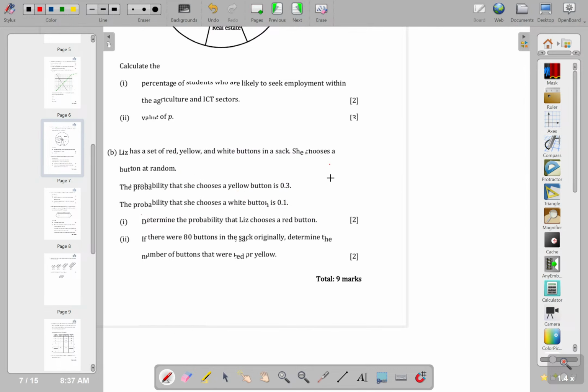So the probability she gets a red, plus the probability she gets a yellow, plus the probability she gets a white, is all going to add up to 1. P is for probability, by the way. Remember, always formulate some sort of equation. That's how you're going to solve things. Now, they gave me the probability she gets a yellow, so I can change that to 0.3.